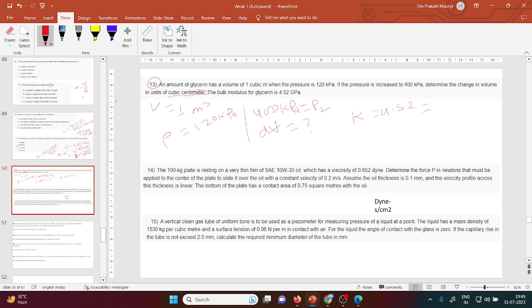You all know the relationship: the bulk modulus is delta P divided by delta V by V. So here delta P is equal to 400 minus 120, divided by delta V, and V is given as 1 meter cube, and K is given as 4.52 gigapascal, meaning 10 to the power 9. So you need to solve for delta V from here.